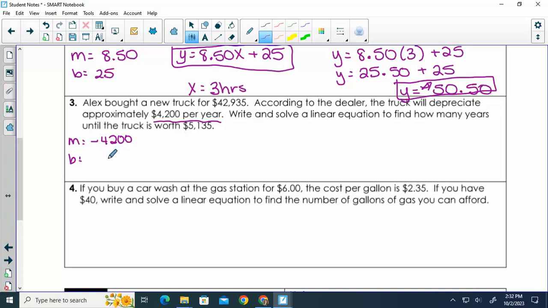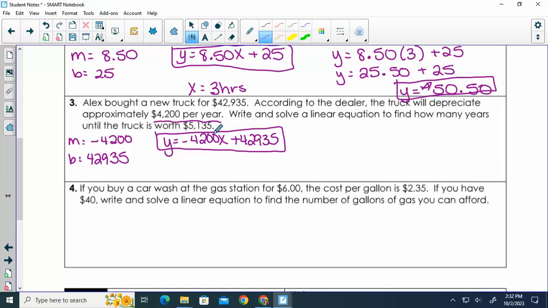The one-time cost was what? Right, the $42,935. That's what he paid for the truck. So the equation: y equals negative 4,200x plus 42,935. y equals mx plus b. Okay, so we wanted to find out how many years until the truck is worth $5,135.